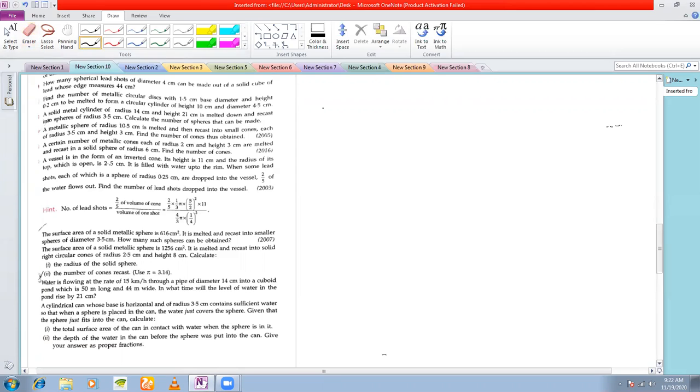So what is the problem here? You have a cylindrical pipe here, and from this cylindrical pipe, it is flowing into a cuboidal pond. Let us say this kind of a pond.